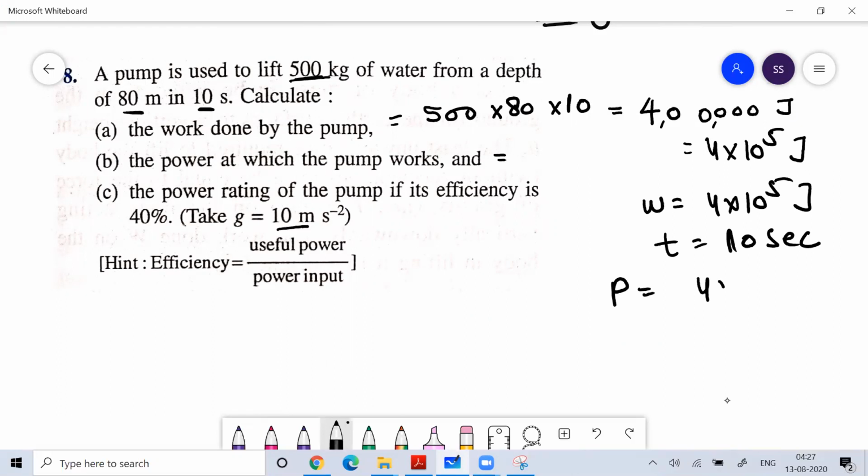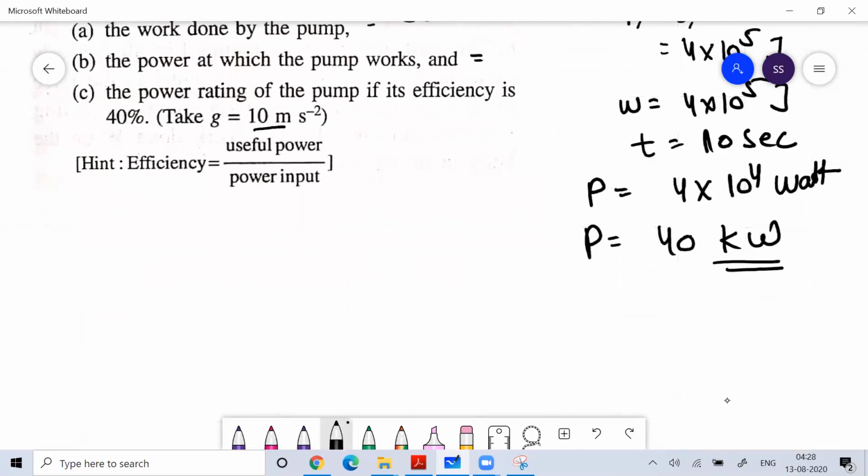Power will be equal to 4 into 10 to the power 4 watt, or I can say power is equal to 40 kilowatt. Because you know that 1 kilowatt is equal to 10 to the power 3 watts. Okay, then they're asking you what is the power rating if its efficiency is 40%.